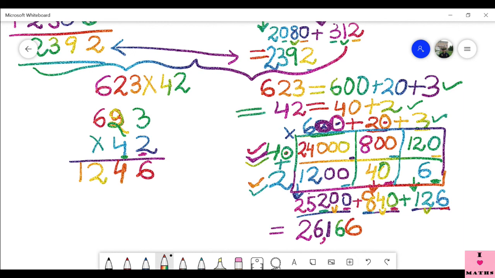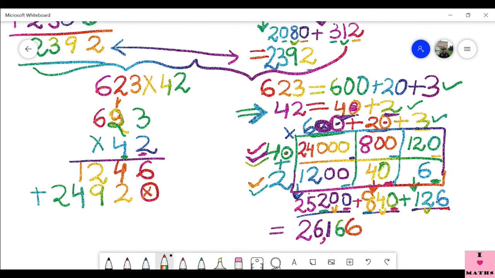Actually, the expanded form of 42 is 40 plus 2. With 2 I have already multiplied. Now I have to multiply by 40. So I have to take care of this 0. So I will put a 0 here and a cross here. 4 3s are 12, 1 carry over, 2 here, 4 2s are 8 and 1 9, 6 4s are 24.